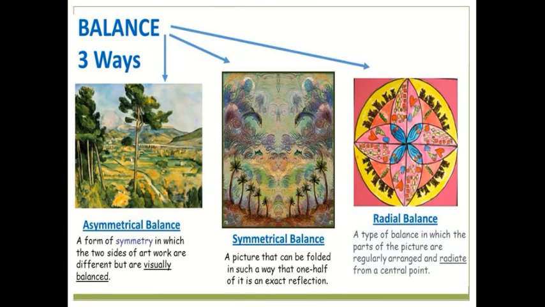First is we have the so-called balance. So in our balance, we have 3 ways. First is we have the asymmetric. Ayan, kung mapapansin natin yung asymmetric, it is a form of symmetric in which the two sides of artwork are different but are visually balanced. Kung mapapansin ninyo, no, itong artwork na ito, they have different objects, different colors, or different views.